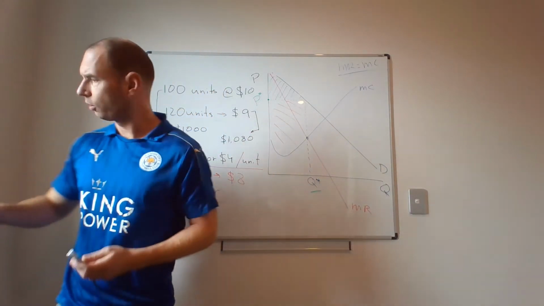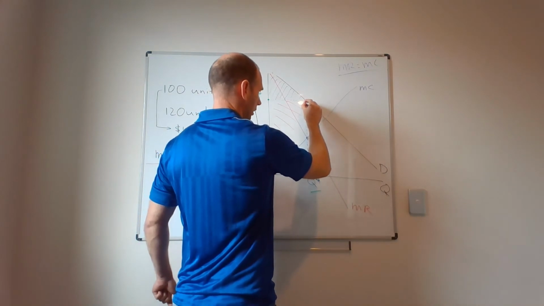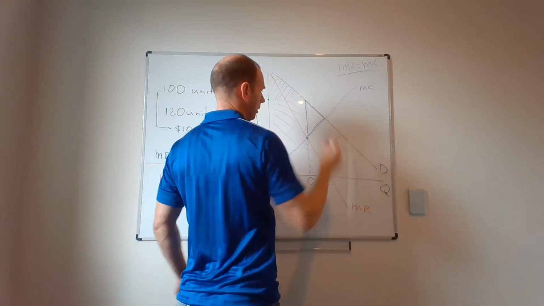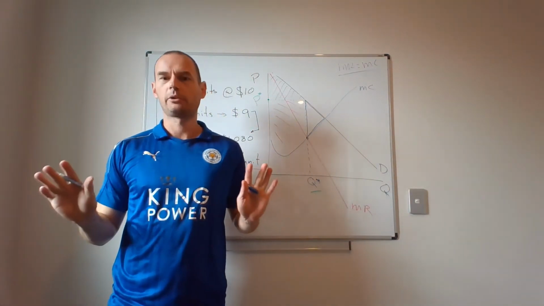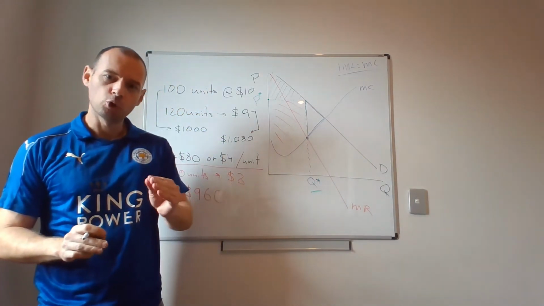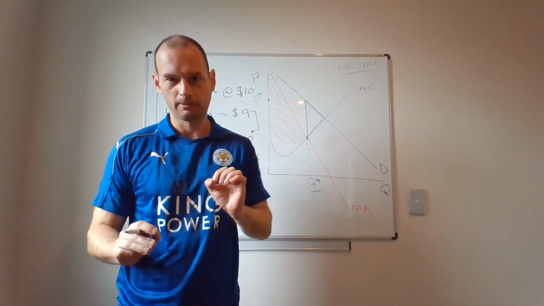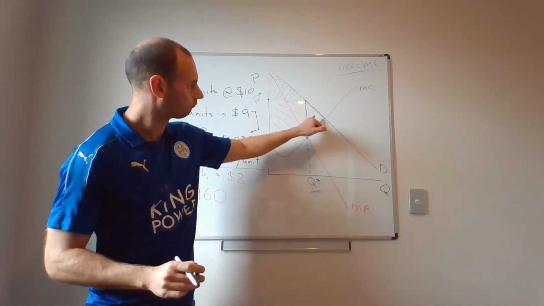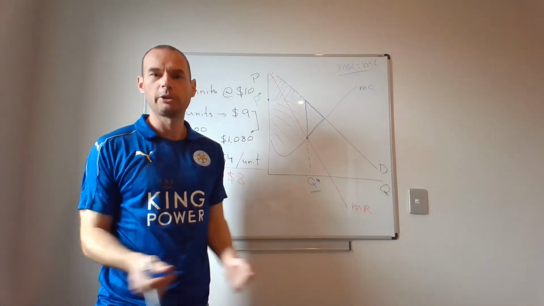And if you recall from earlier discussions, this triangle here is part of the surplus that simply evaporates. Again, from the efficiency point of view, we don't care who gets the surplus, as long as someone does. This is the case of an inefficiency. This is part of the surplus that simply evaporates.